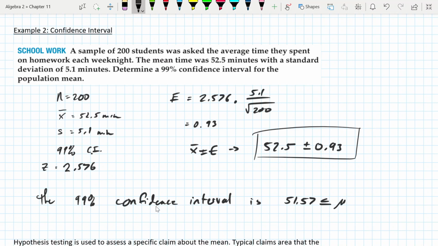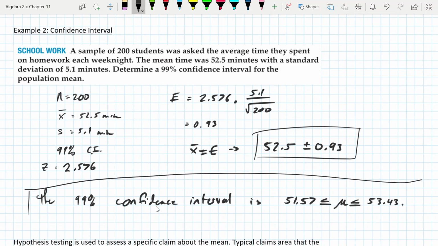So we know the population mean is in between that, and it goes up to 52.5 plus 0.93, or 53.43. So we're saying we are 99% confident that the actual population mean is in between those two numbers. And there you go. All right.